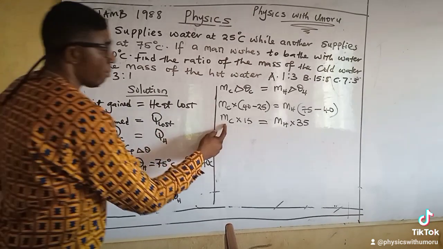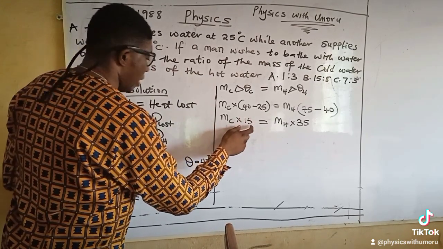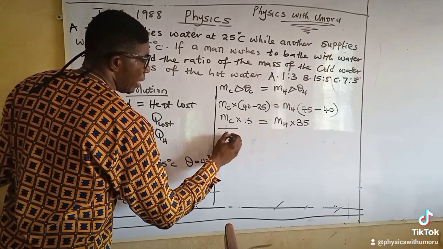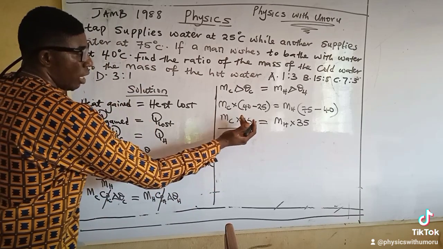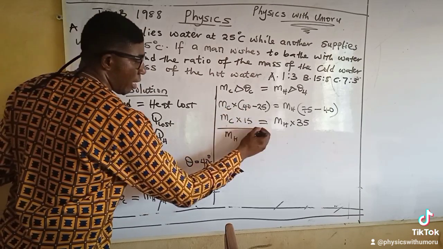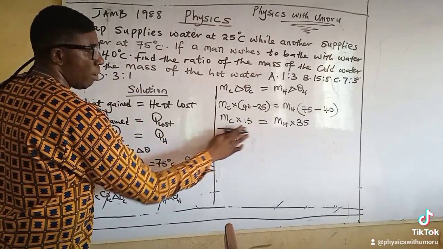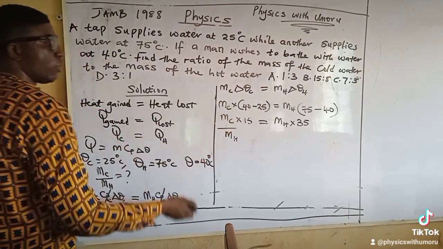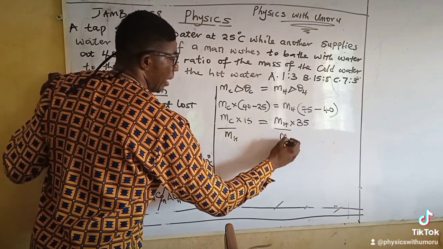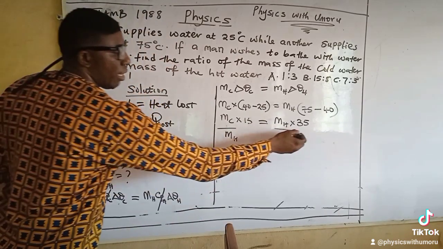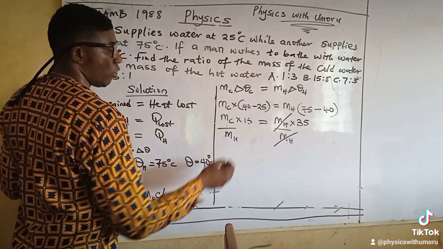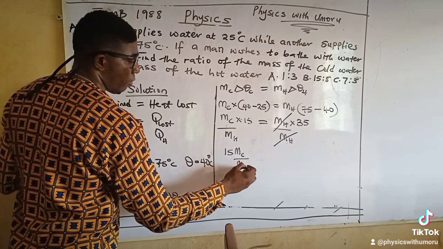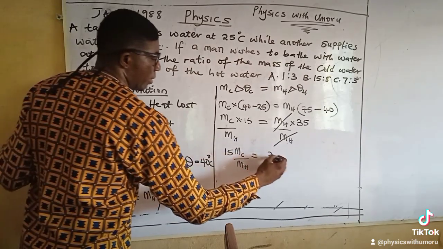So M cold times 15, I will divide through by MH. Divided by MH again, so that the mass of hot cancels out. We now have 15 times mass of cold over mass of hot is equal to 35.